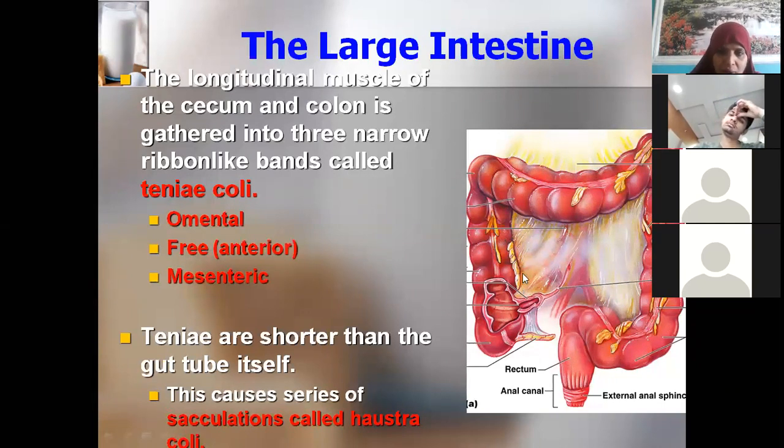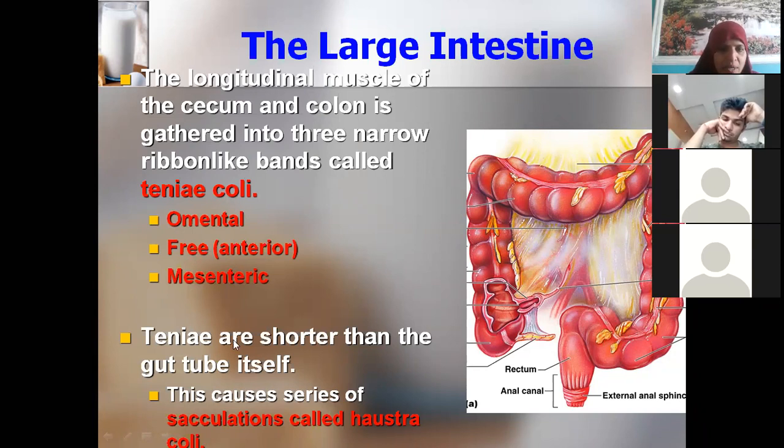And if it is seen on this aspect, then what is the word we have used? Mesenteric. Isn't it? Is it clear? The tinea coli, based on the position, we have named them differently. If it is facing superiorly, omental. Then we have free or anterior, and the one which is towards the mesentery, you call it as mesenteric. Okay, so all these are tinea.